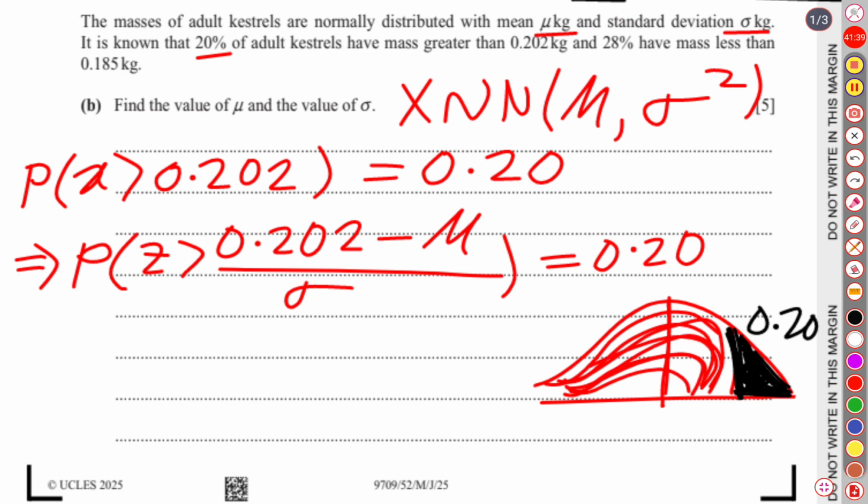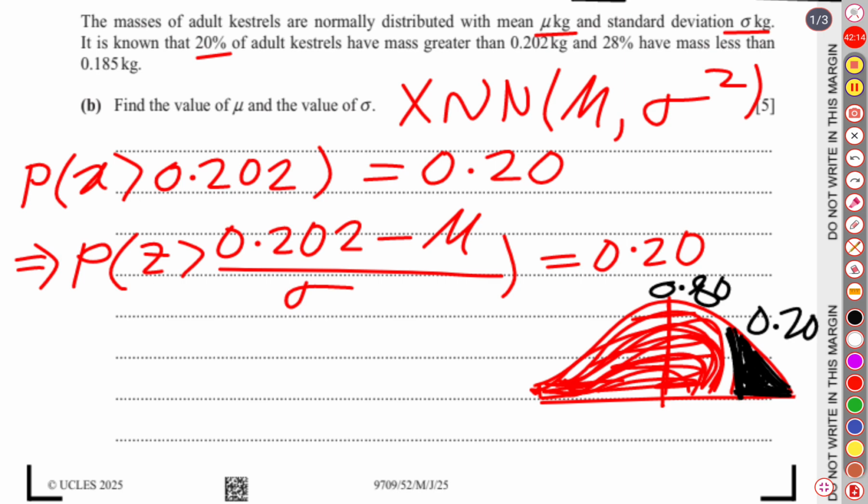Well, the area or probability of this region, the red region, must be 0.80. And you know that whenever we find the probability, we always find the larger part, because none of the corresponding probabilities in the table is less than 0.5. So whenever we use the probability distribution table, we will find the corresponding z-score when probability is 0.8. It is similar to the very first solution.